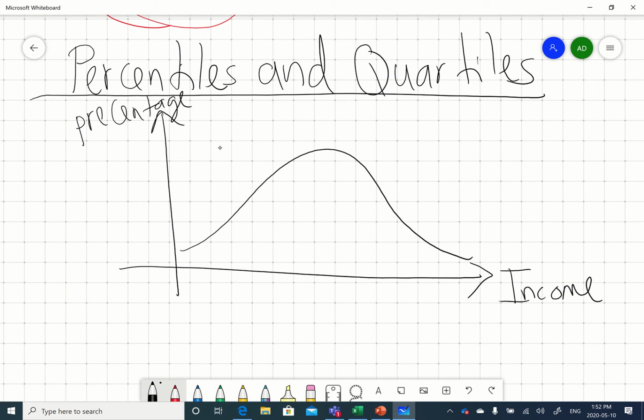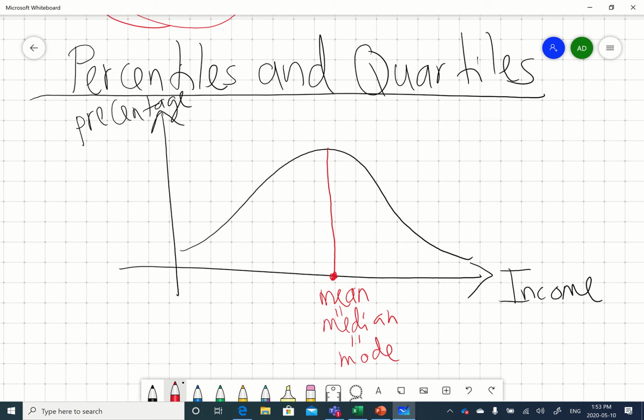If I divide this into 50-50, this is the center of the data set, and we know if you have a symmetrical data set, this is actually the mean, right? The mean equals the median equals the mode. All three of them are the same for a symmetrical data set. What this number does is that it divides your data set into two equal pieces, right?